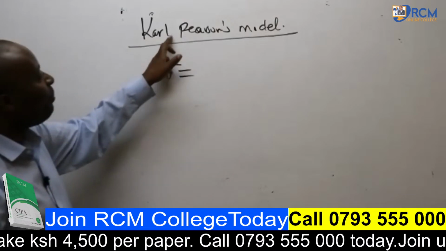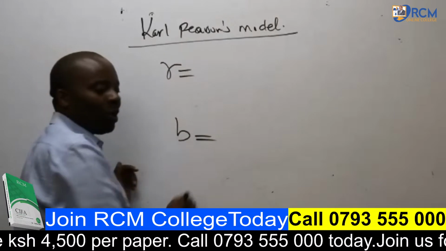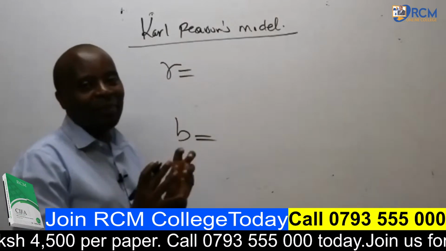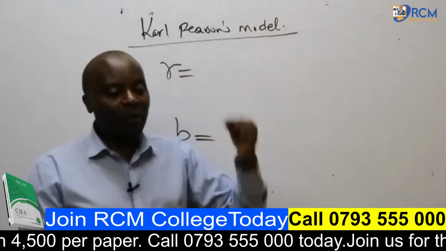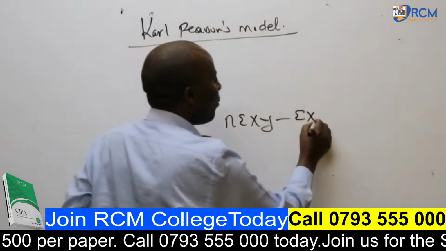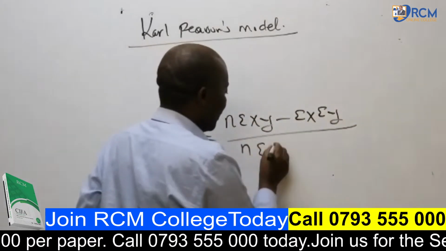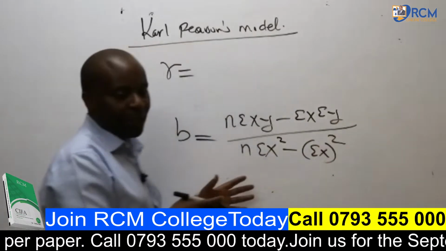Anytime they mention Karl Pearson's r, first of all I am forced to remember the formula of getting b, because there is quite a big relationship between b and r. And b is something I will never forget. I know that b equals n summation of xy minus sum of x, sum of y, all over n summation of x squared minus bracket sum of x squared. You have to cram this the way I've crammed it myself.